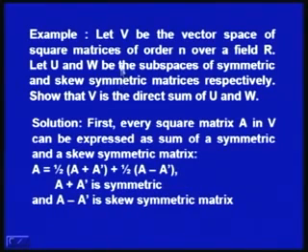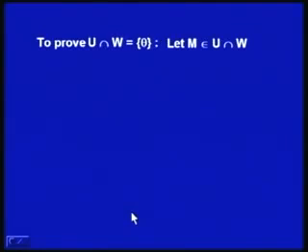So, we can say that V can be expressed as the sum of symmetric matrices and skew symmetric matrices. Now, this will be the direct sum provided their intersection is the null matrix. So, to prove that U intersection W, where U is the set of symmetric matrices and W is the set of skew symmetric matrices, is nothing but the null matrix.